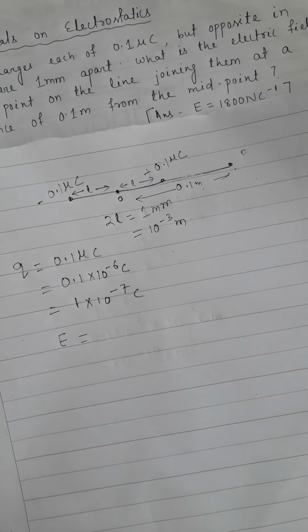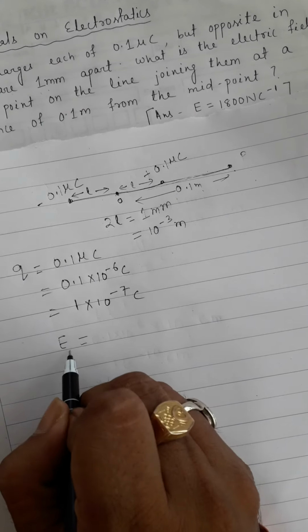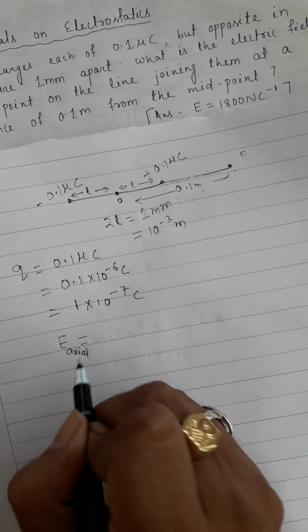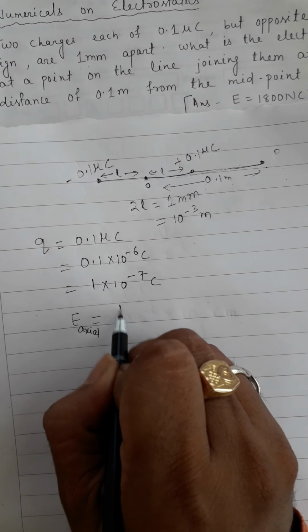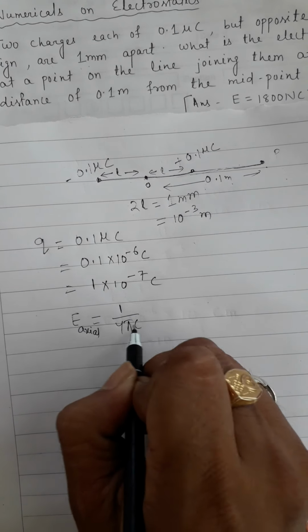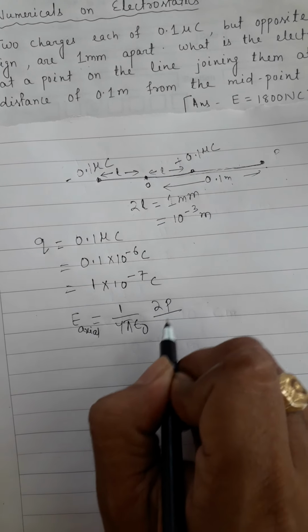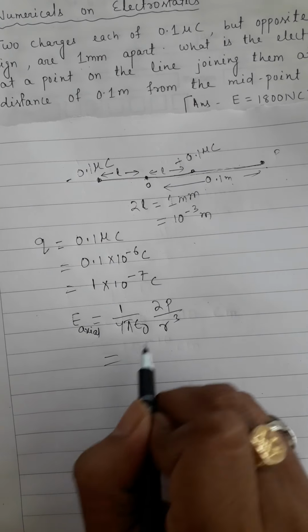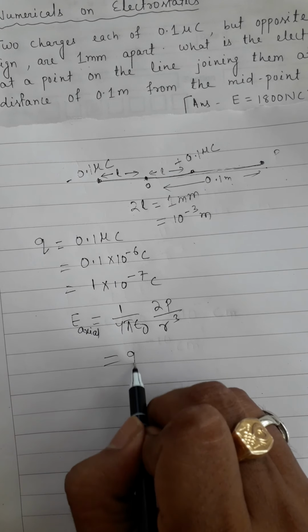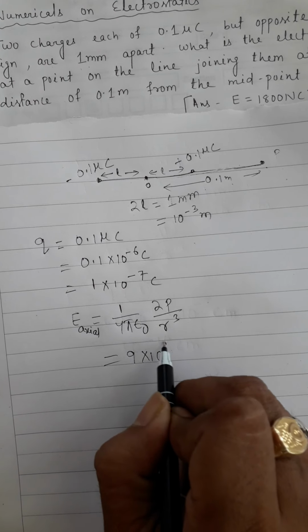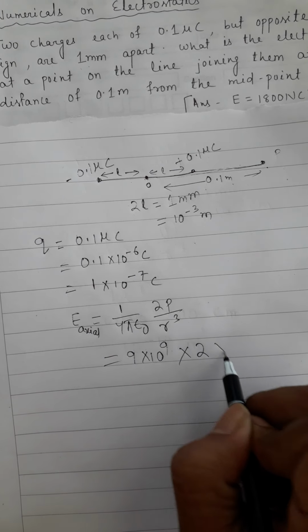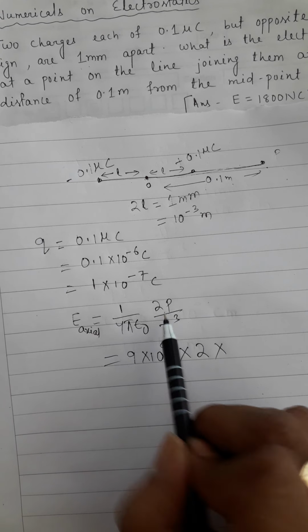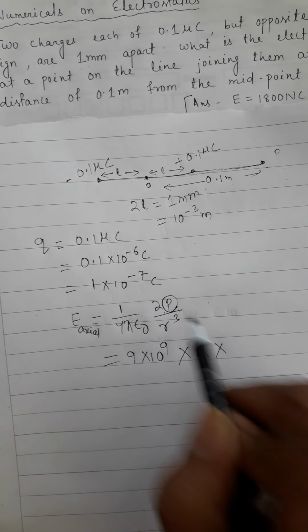So we have to calculate the electric field on the axial line, and the formula is known to you: 1 by 4 pi epsilon naught, into 2p divided by r cube, where the value of 1 by 4 pi epsilon naught is 9 into 10 to the power 9. So we have to calculate p.